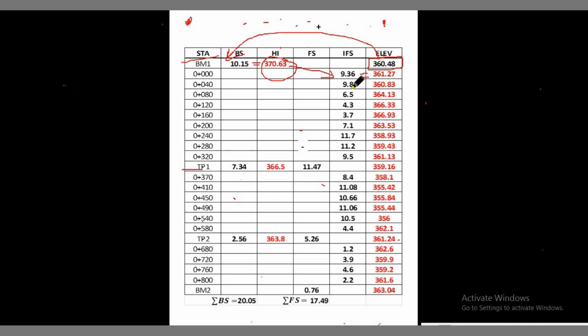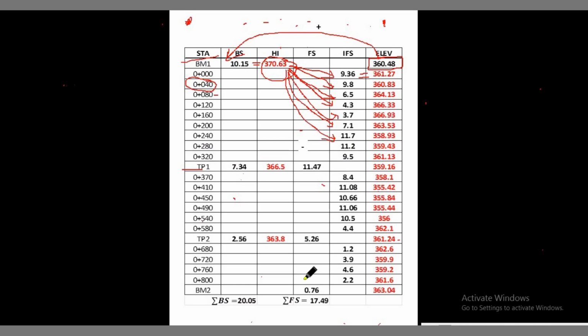Okay. Next, tapno maalak di elevation ni 0 plus 040, 370.63 minus 9.8. Ni 080, 370.63 minus IFS. Tapno maalak dagit si elevation say intermediate points.